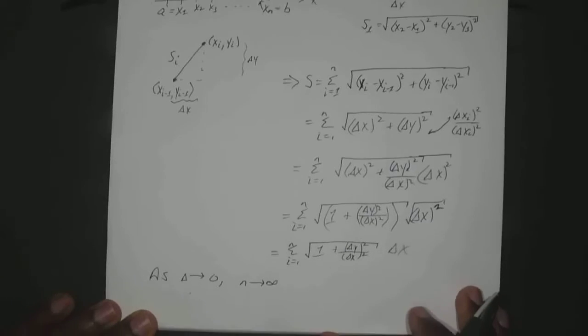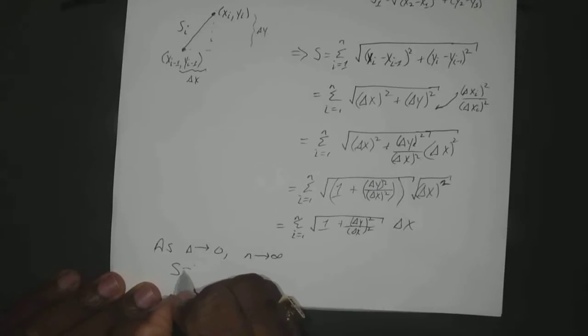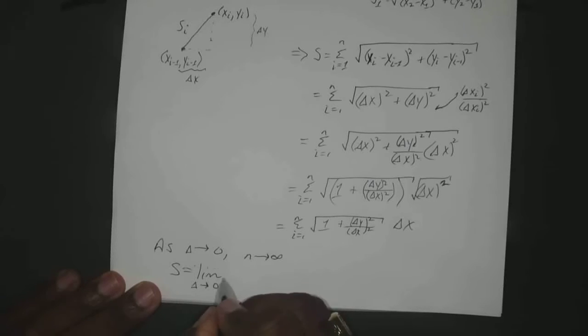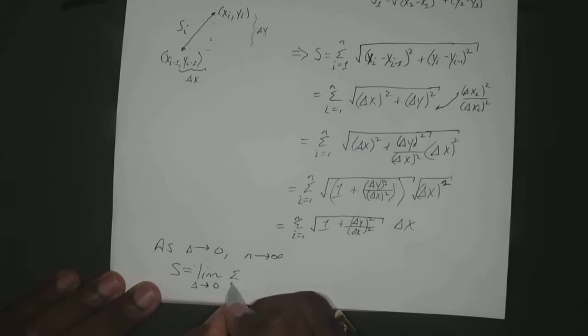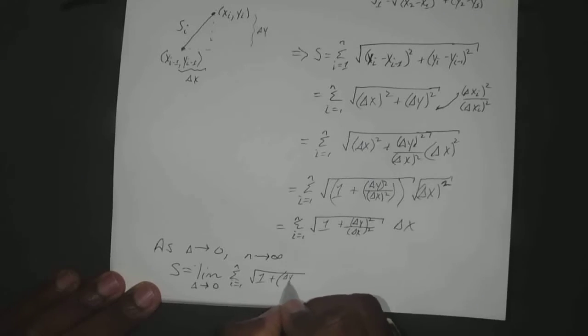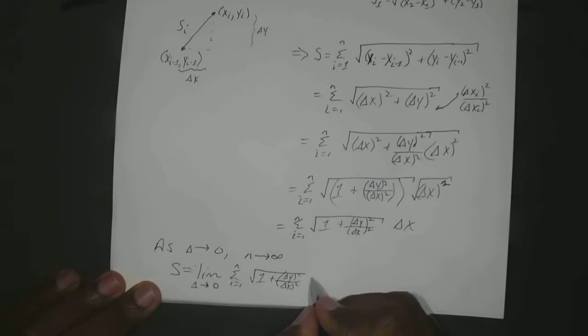Okay, so that means that your s is going to equal the limit as all your deltas, your distance between your x and y, approach 0, the sum of i equals 1 to n, square root of 1 plus delta y squared over delta x squared times your delta x.